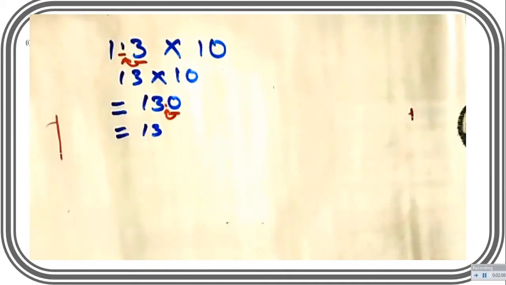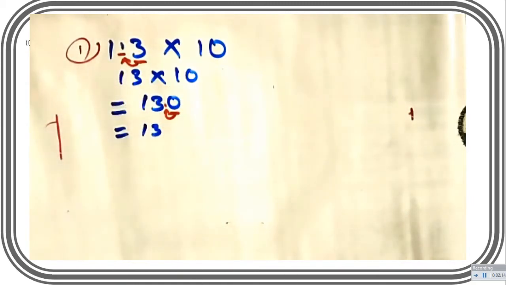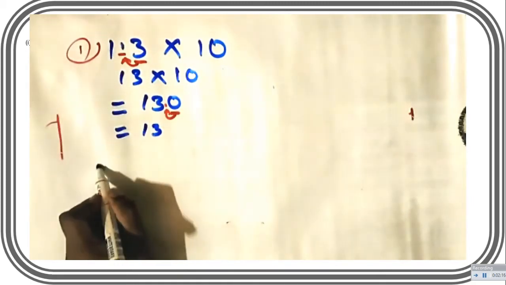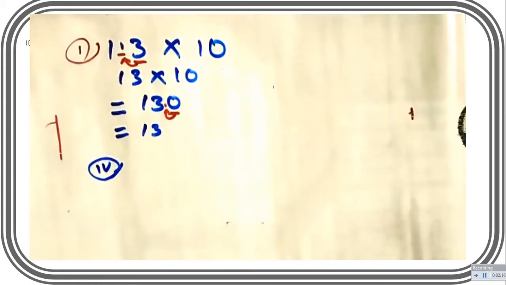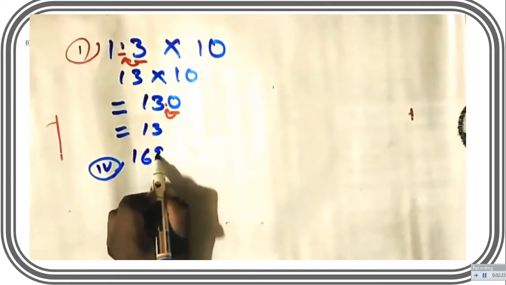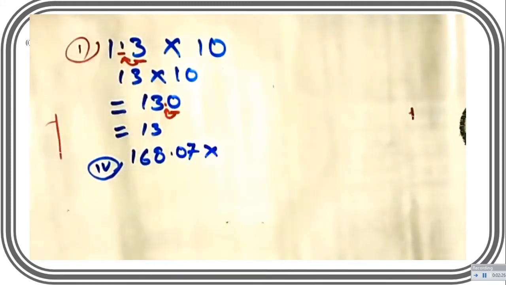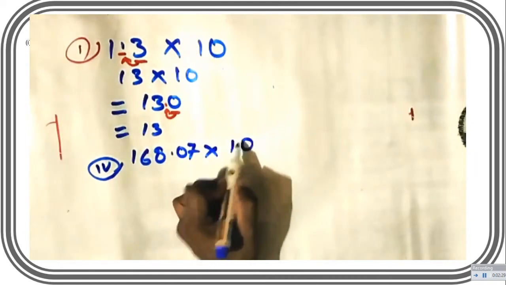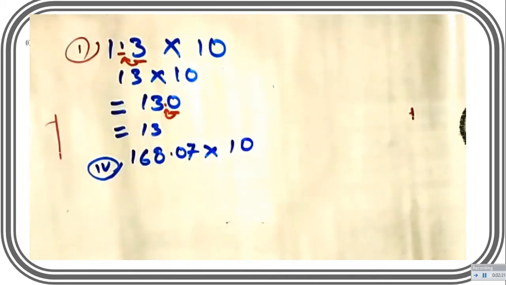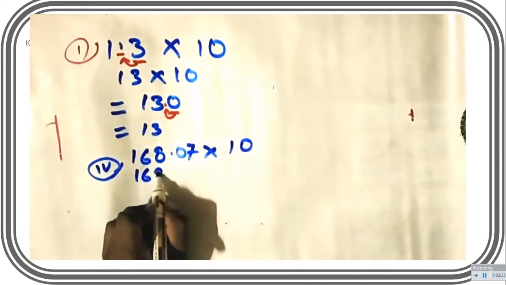Now see the next part, which is the 4th part. In the 4th part, the number is 168.07 multiplied by 10. So how do you multiply this?